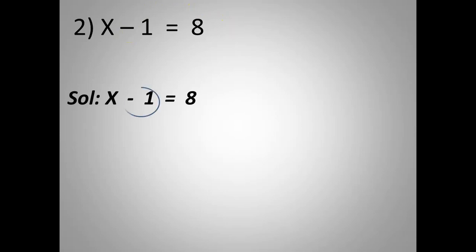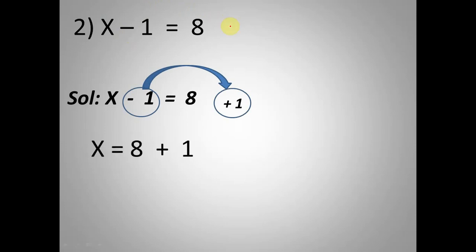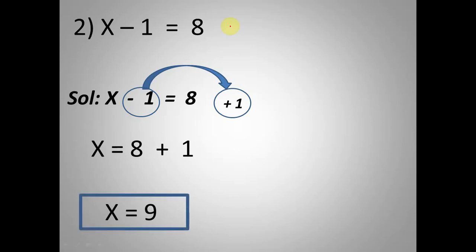Take minus 1 and write it on the other side in the form plus 1. We get x equals 8 plus 1, that is to say x equals 9, and by these steps we find the value of x and solve the equation.